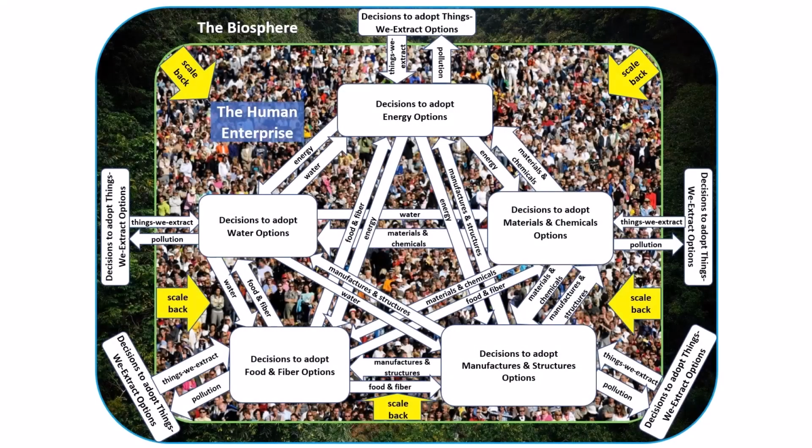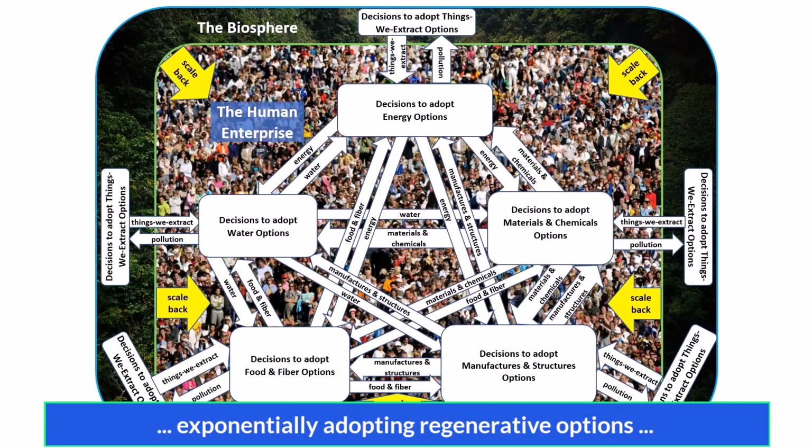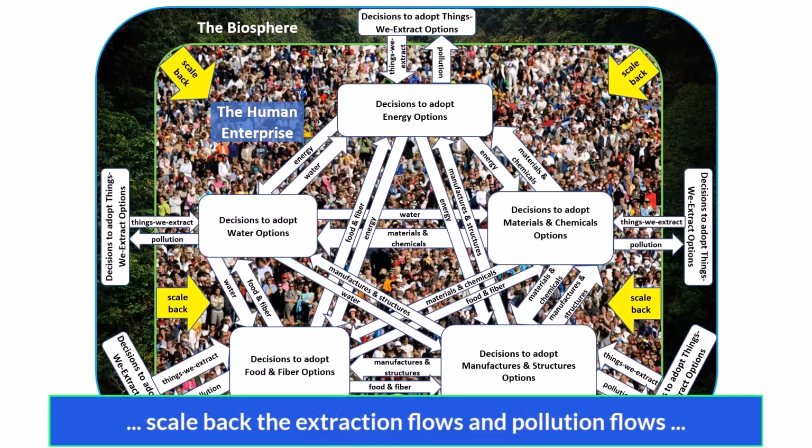The faster and faster decision making for exponentially adopting more and more regenerative options delivers more and more regeneration benefits that scale back the extraction flows and the pollution flows of the human enterprise.